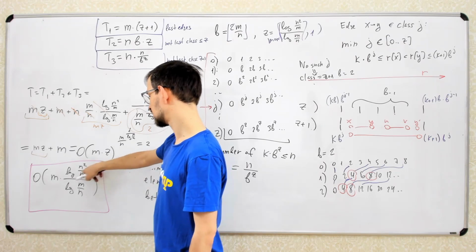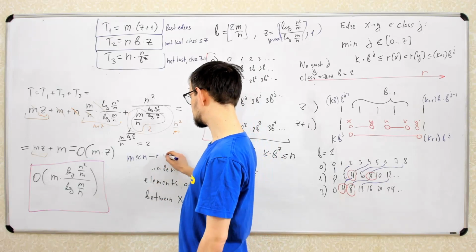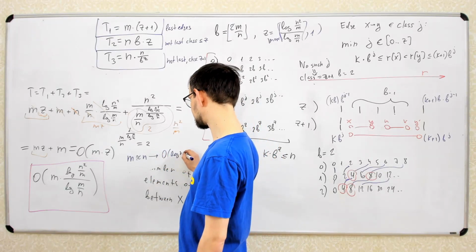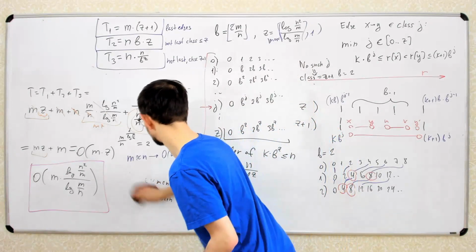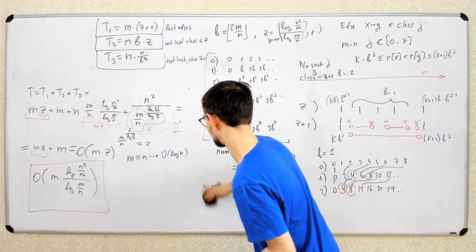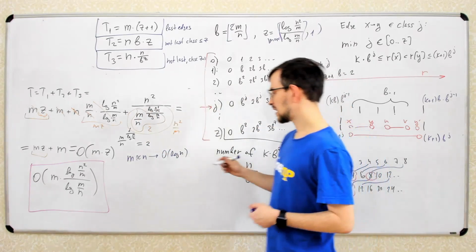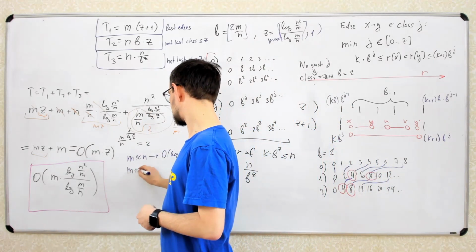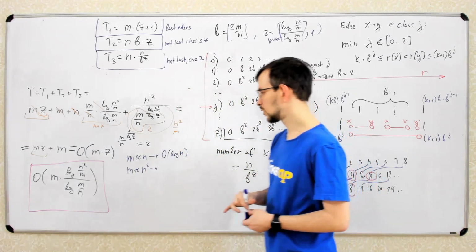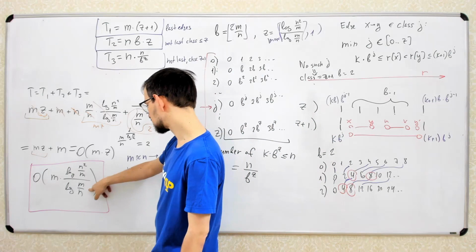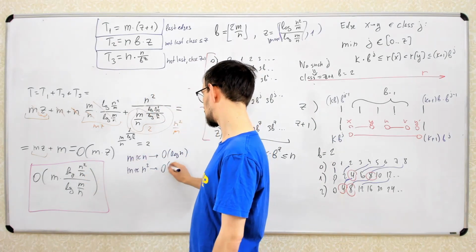So if m is about n, then the time complexity is log n. If m is about n squared, then here we have some constant, here we have some constant. So time complexity will be constant.